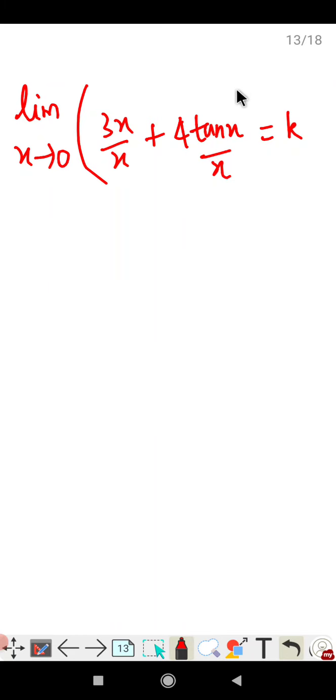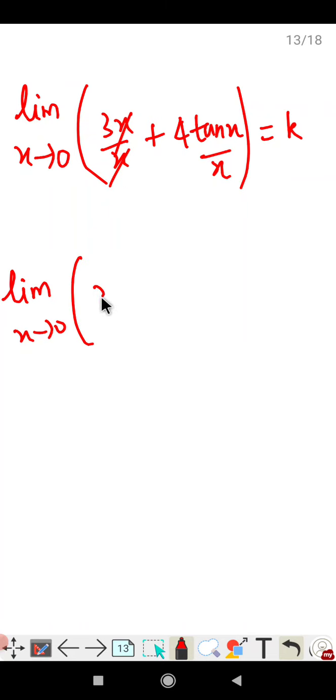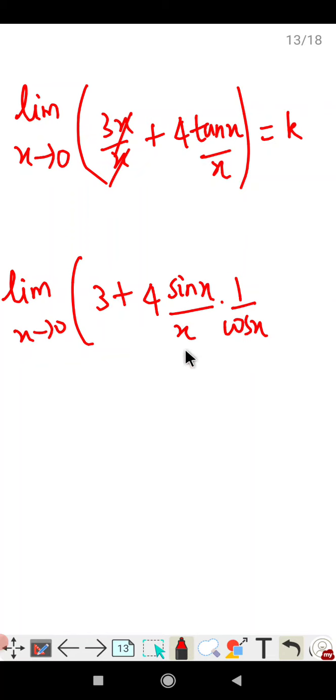Now x gets cancelled in the first term. Limit x tends to 0 of 3 plus 4, where tan can be written as sin x by cos x, so sin x by x into 1 by cos x, already I have x in the denominator, which is equal to k.